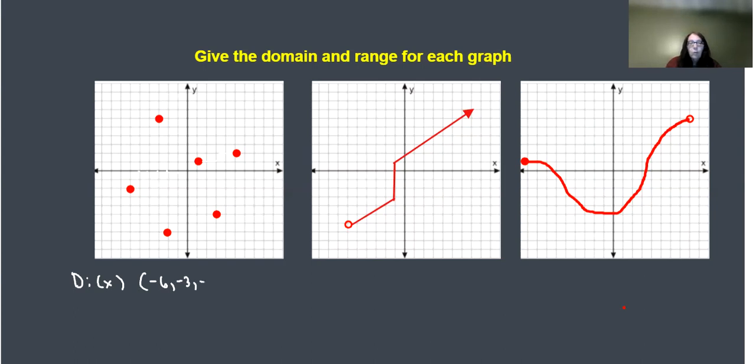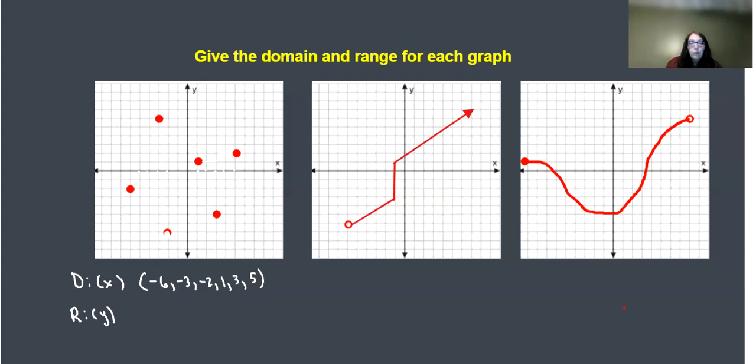Then I've got over 1. And I've got over 1, 2, 3. And over 1, 2, 3, 4, 5. So those are my domains. Those are the x coordinates for each of the points. Now the range are our y coordinates. So the lowest y value is right here.